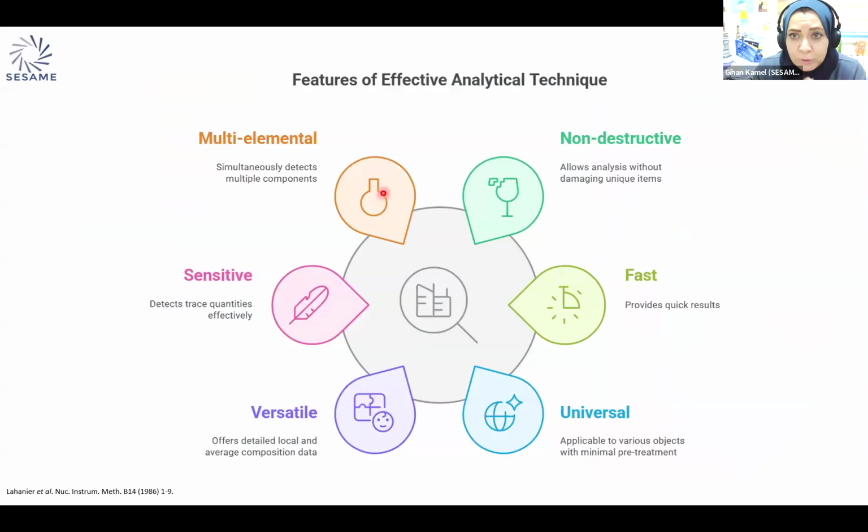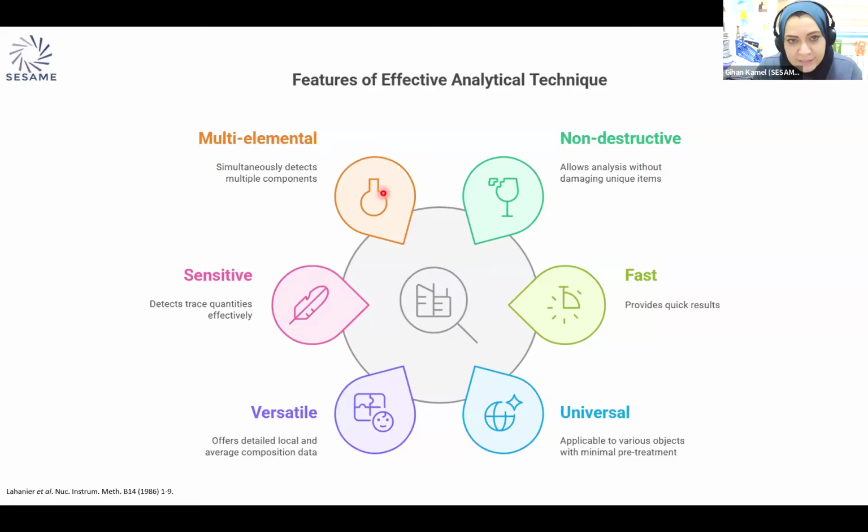Again, if you want to identify the effectiveness of a proper analytical technique, there is nothing like the X-ray fluorescence is better than the IR, or the IR is better than the powder diffraction, or tomography is better than whatever, XAFS or XANES or whatever.